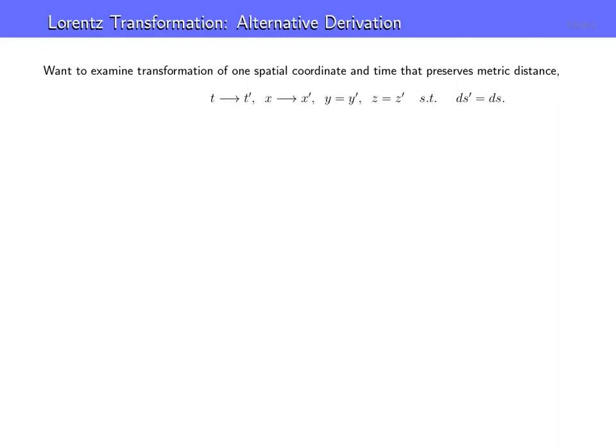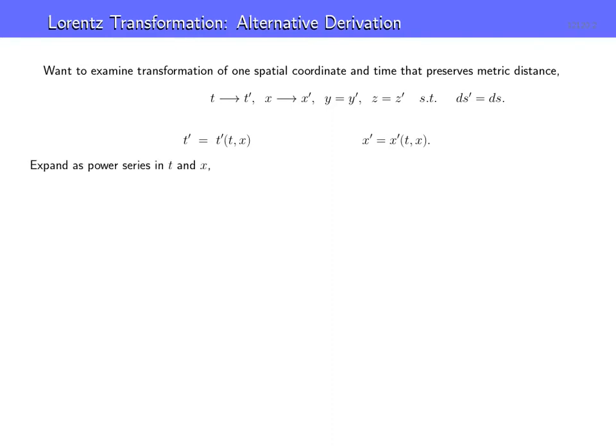Thus, we want to find the functions, essentially: t prime as a function of t and x, we don't expect it to be a function of y and z, of course, and x prime as a function of t and x. Right now, we can keep it very general and say we have really no idea what these functions are. But we can think that we could expand it as a power series in t and x.